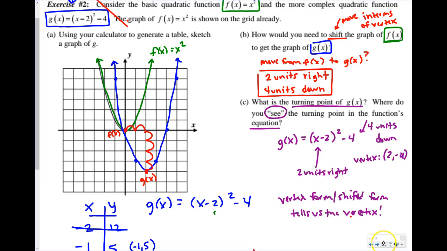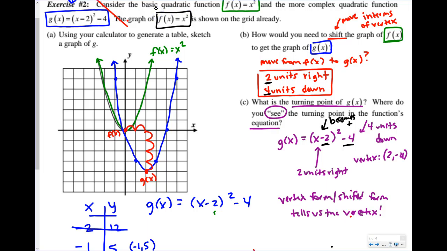The only thing you have to remember, and this is kind of tricky, is that this becomes positive. Okay? And we're going to do a little bit more practice with this idea. But you can see that the shift, here's the 2, here's the 4, here's the 2, here's the 4. So vertex form tells us where the graph is shifting from the original basic x squared parabola.